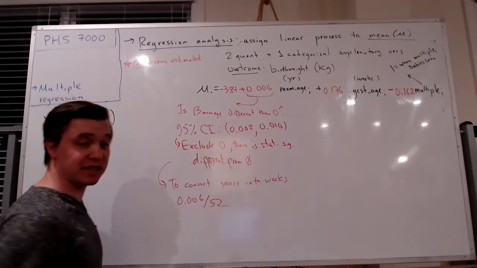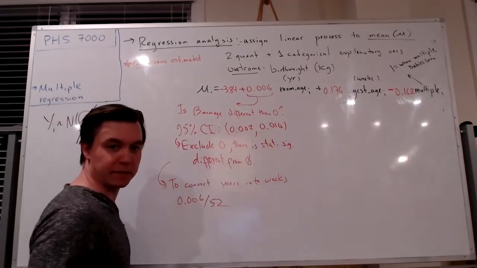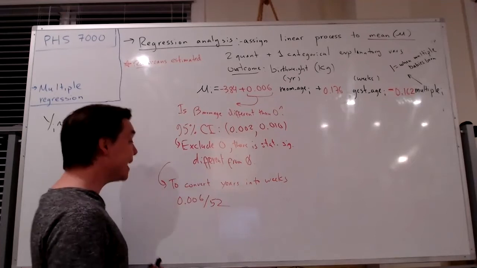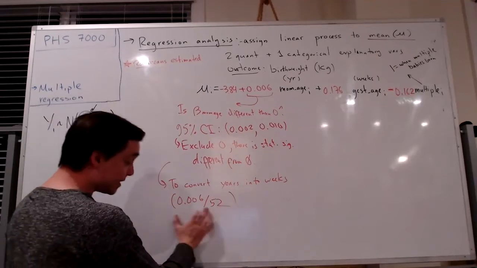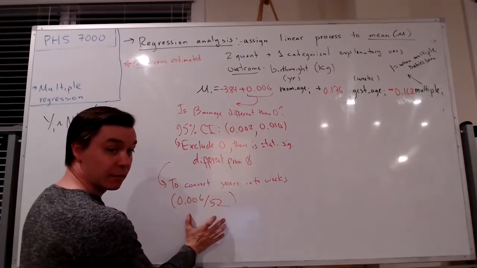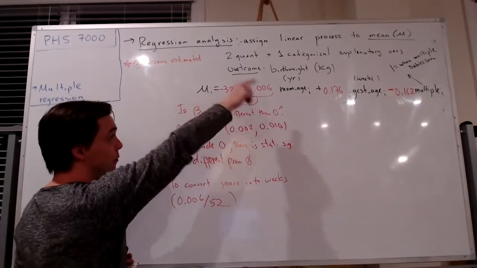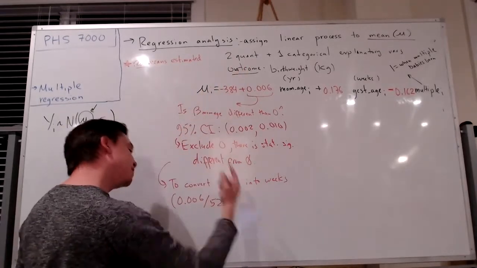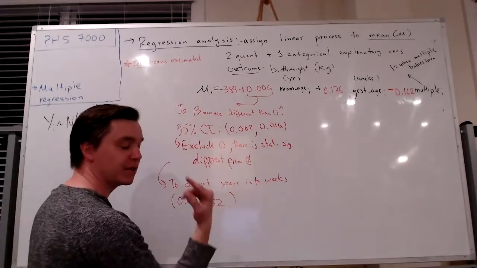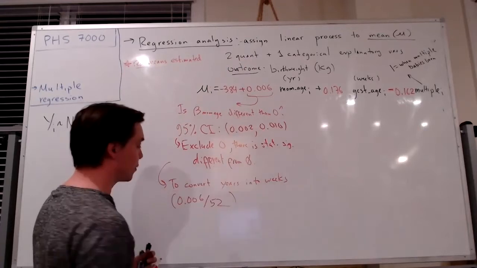But we wouldn't change the statistical significance, by the way, because we would just divide everything by 52. And then if we did that, then this tiny number will be the expected change in the mean birth weight, population mean birth weight, per additional week in maternal age, adjusted for the other covariates.